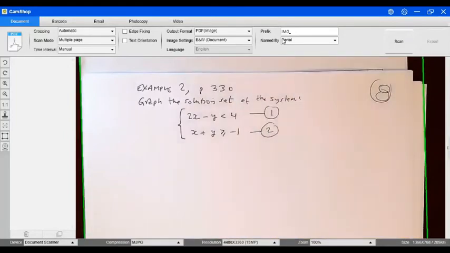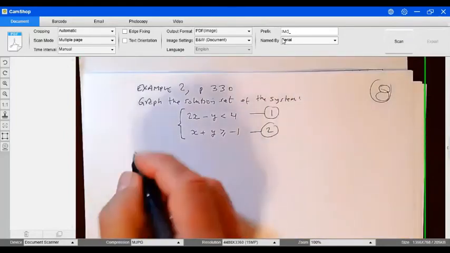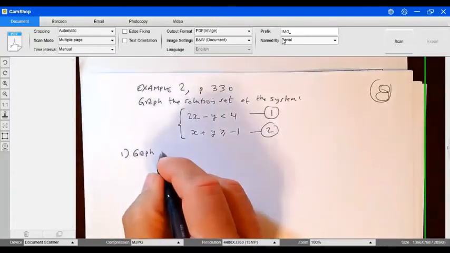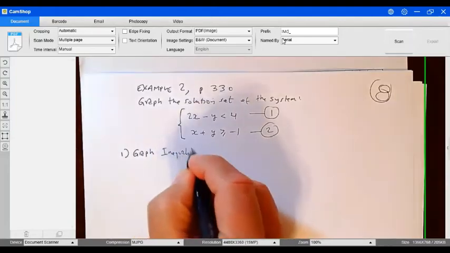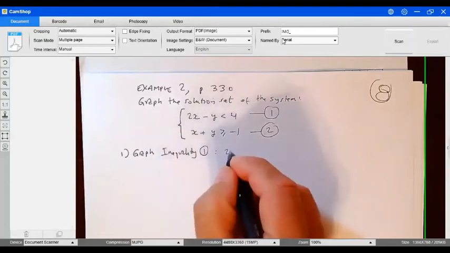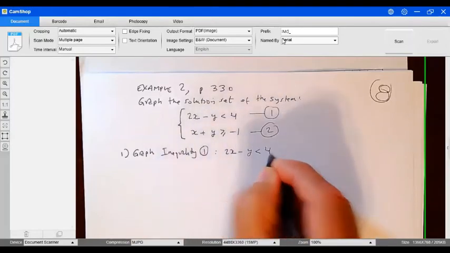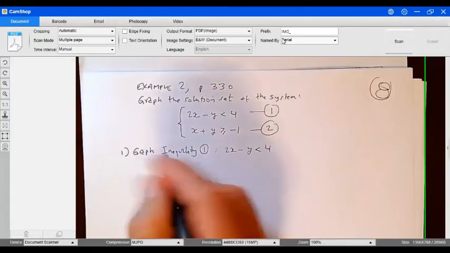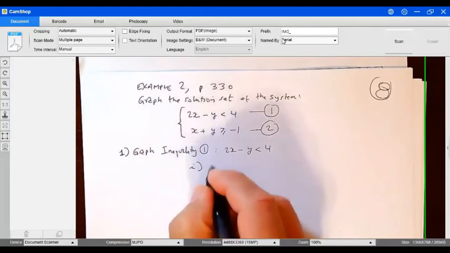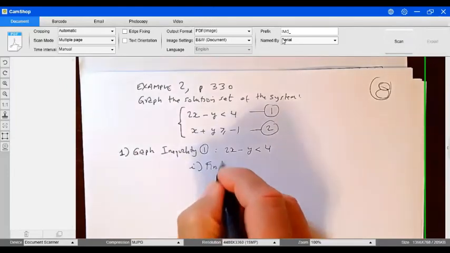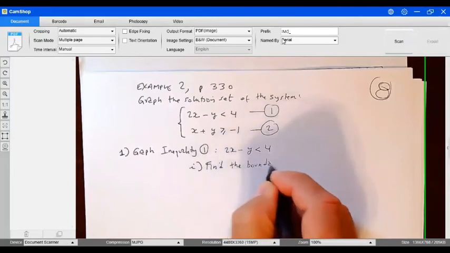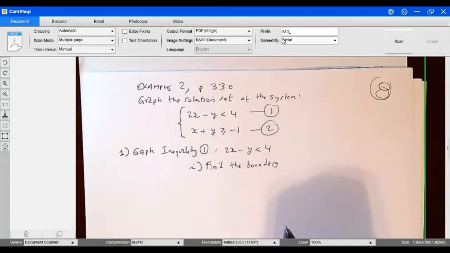We're going to start graphing the first inequality, finding the information. We're going to graph inequality 1: 2x minus y less than 4. What is the first step when you are graphing an inequality? We're going to find the boundary equation. How do you find the boundary?